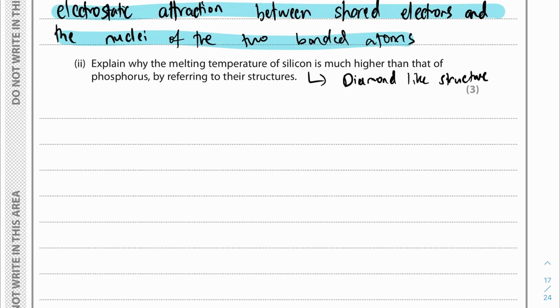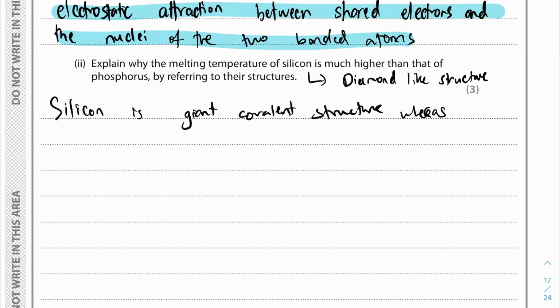So we can say silicon is a giant covalent structure, whereas phosphorus, I'm just going to write P, is a simple covalent structure.